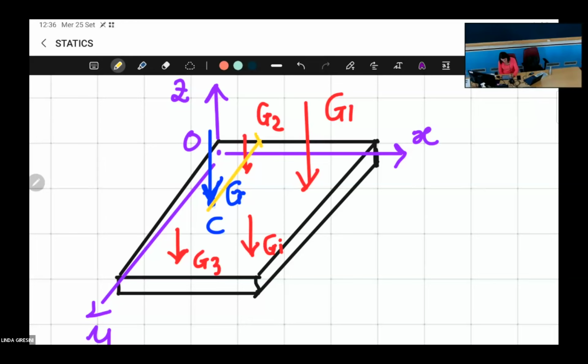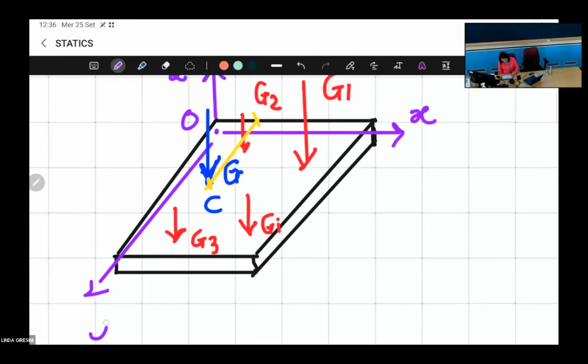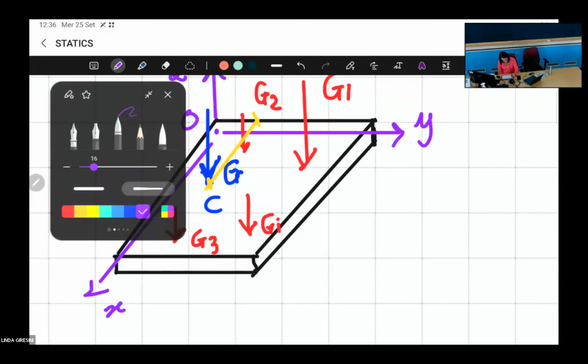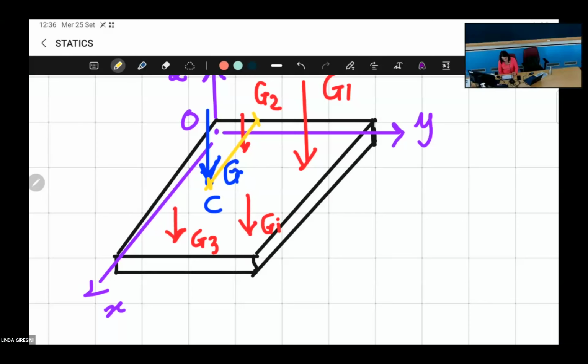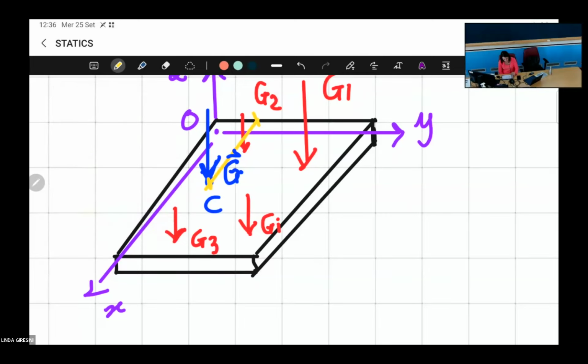Let's change the axis. Here is X, and this one is Y, sorry. So G is a force. The distance from C to the y-axis is called XC.